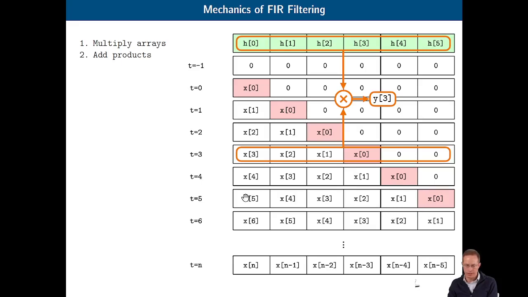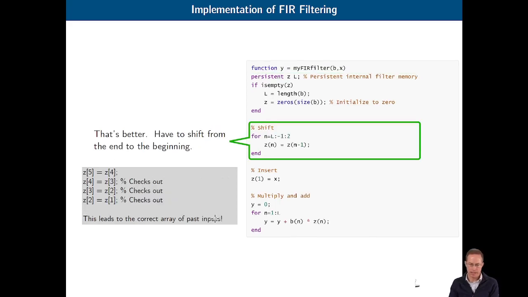But if we had processed this array in forward order, we would have written x5 over to x2, but then we would have written x5 again to the next slot, and so on. So anyway, if you just write this out on a piece of paper and take a look at it, you can see that we need to process that array in reverse order.